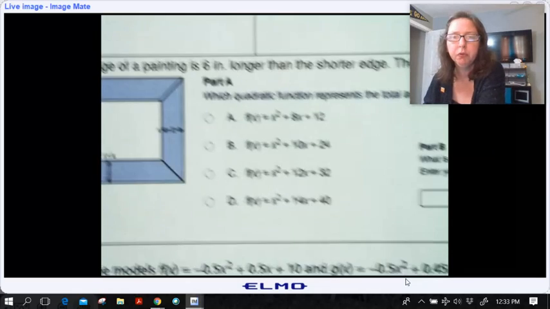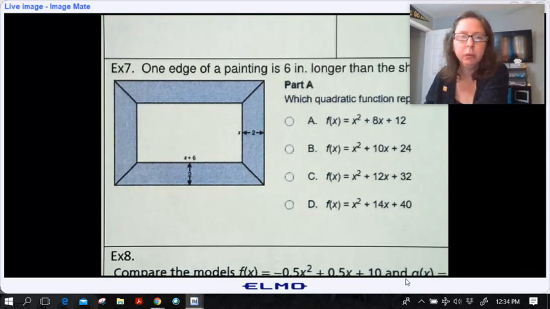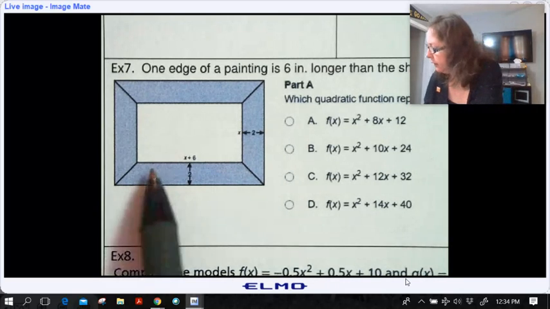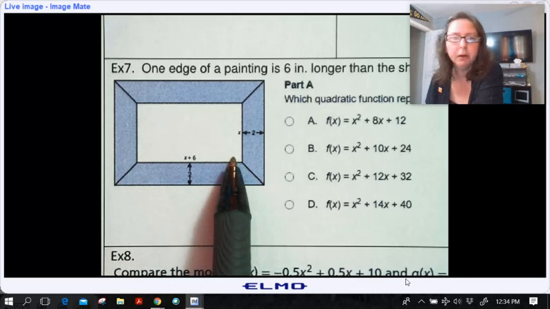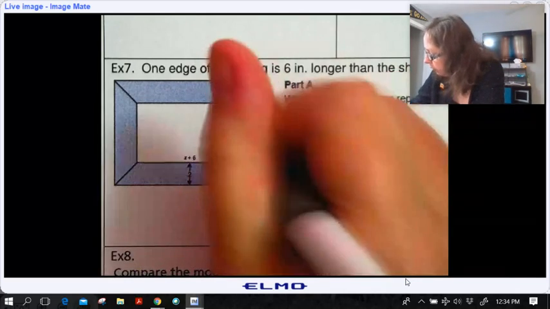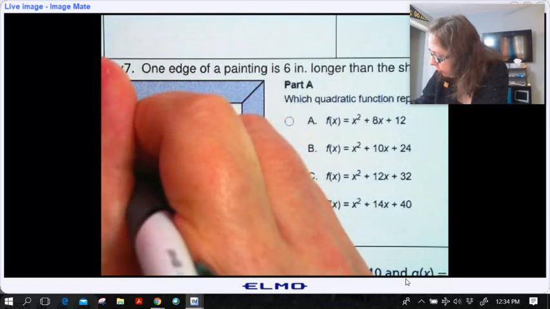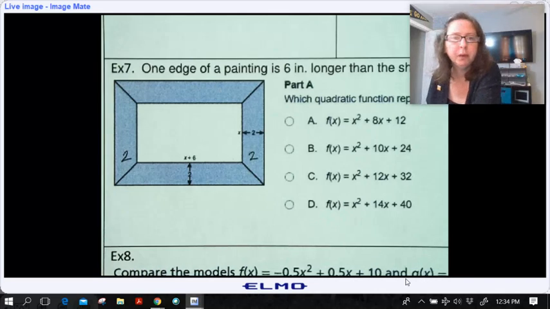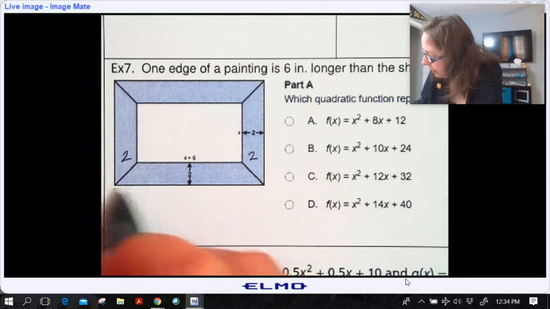So we've got some multiple choice here. So let's go ahead again and remember, this is x + 6 right here, the white part. The blue part on this side is 2, and the blue part on this side is 2. So here's what I'm going to have for this total width here.